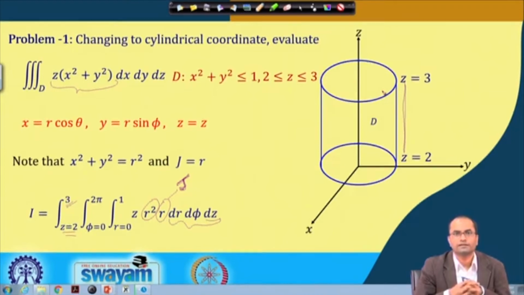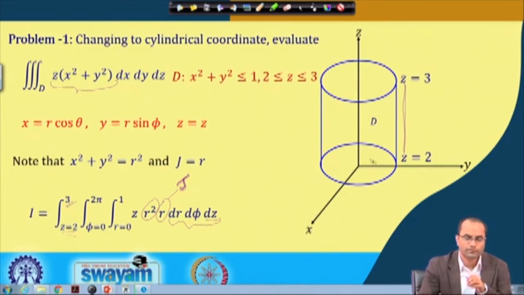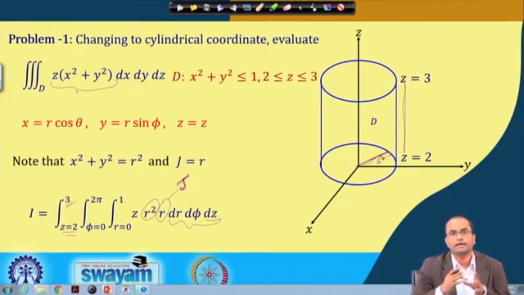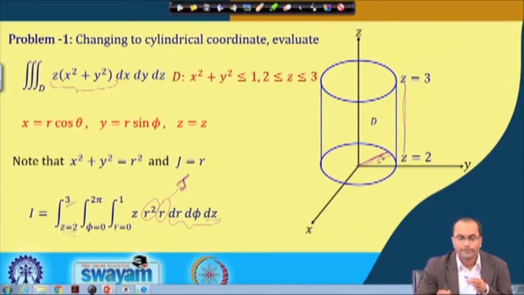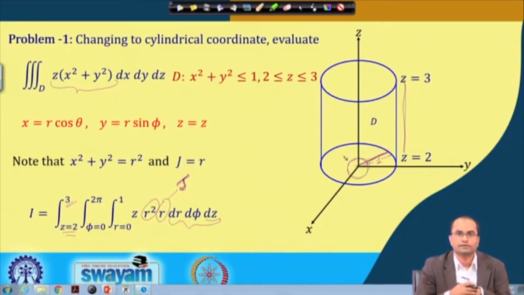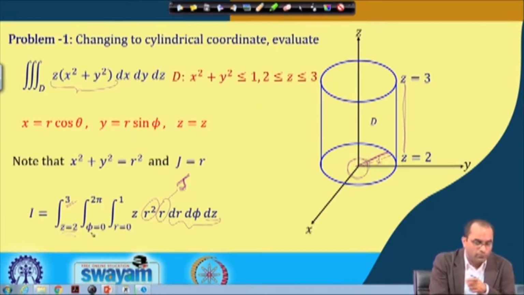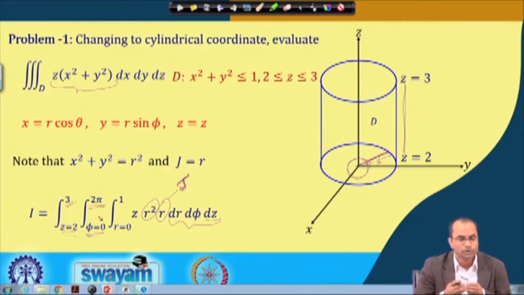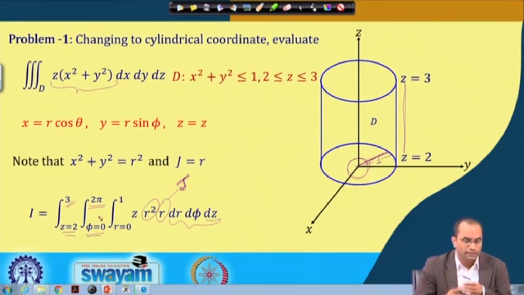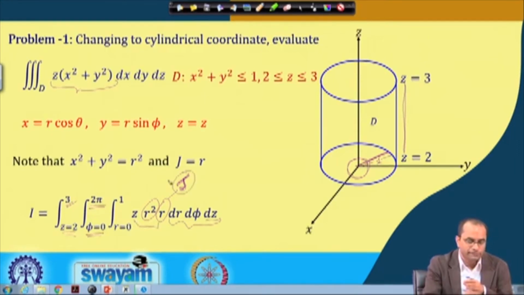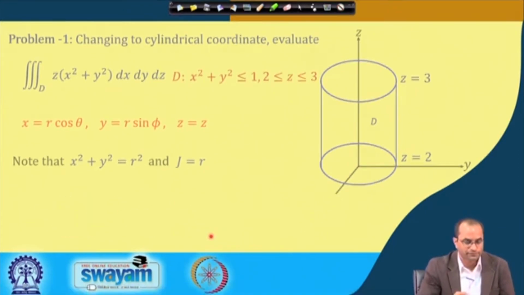The r is going from 0 to 1, because the radius of the circle here is 1. And then the theta, or the phi in this case, since we take phi in cylindrical polar coordinates, varies from 0 to 2 pi, the whole circle. So, phi varies from 0 to 2 pi, and r goes from 0 to 1, and then we have changed the integral, we have taken care of the Jacobian term, and now we can evaluate this integral.